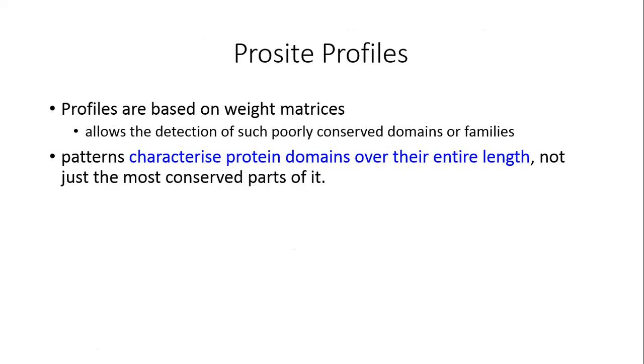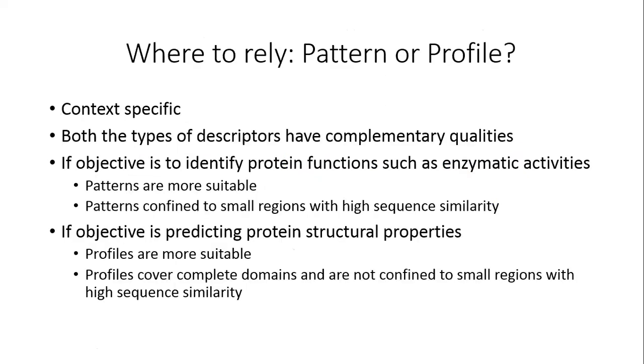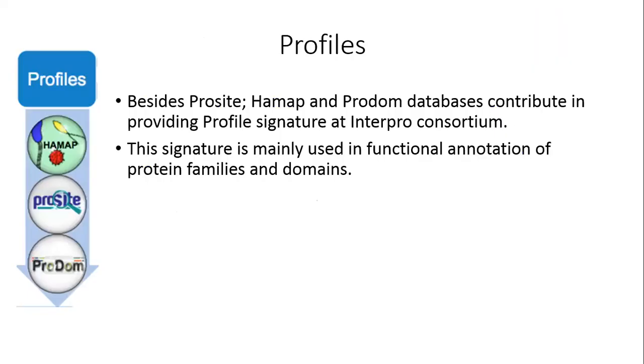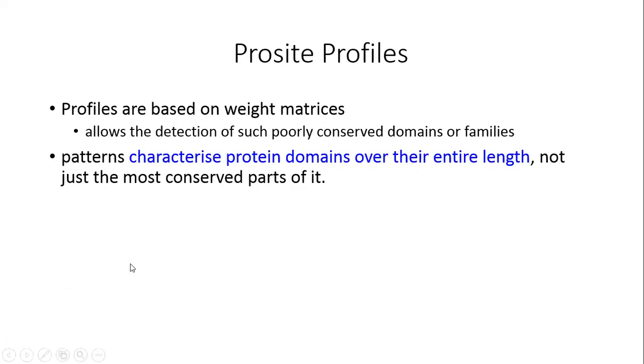These profiles come not only as signatures from the PROSITE database, but a few other databases also contribute profile signatures, like HAMAP and ProDom, which we are going to talk about in a little while.